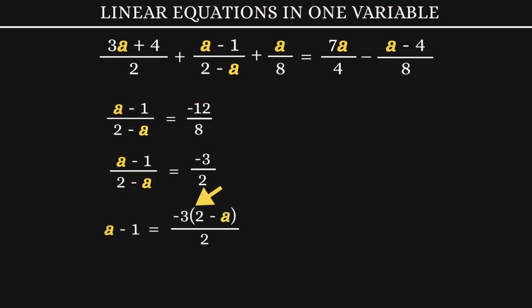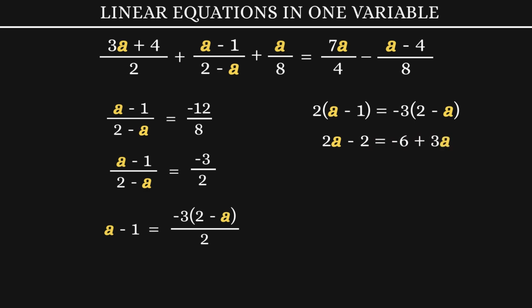Let's move the denominator on this side to the left hand side. Again, division on the right hand side will become multiplication on the other side. So what results is 2 into a minus 1 is equal to minus 3 into 2 minus a. On simplifying, 2a minus 2 is equal to minus 6 plus 3a.